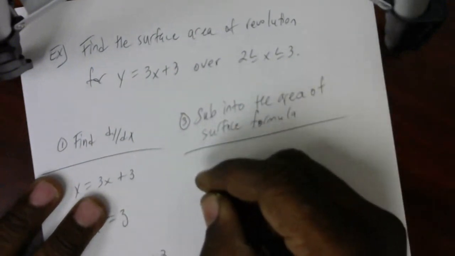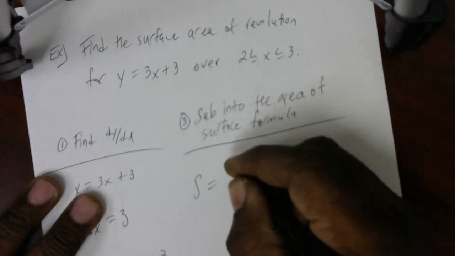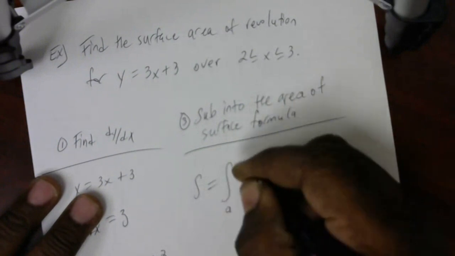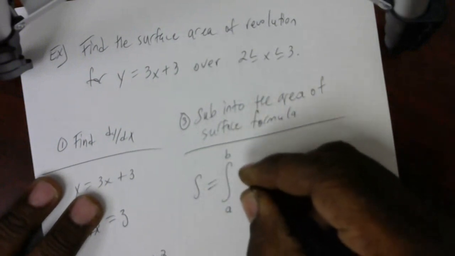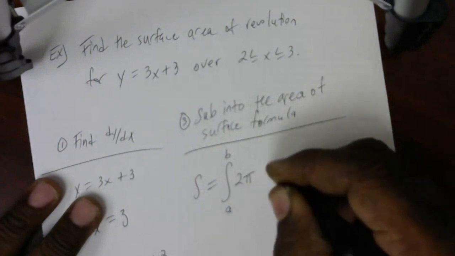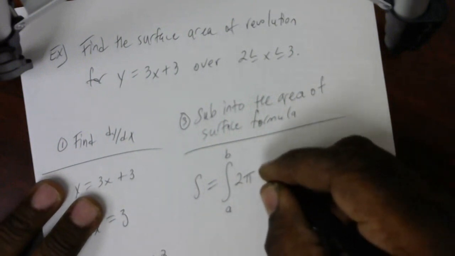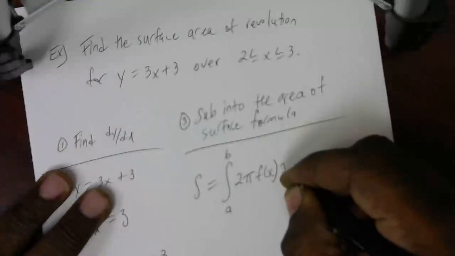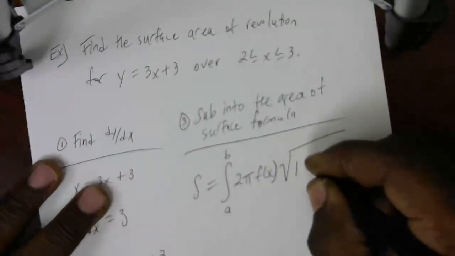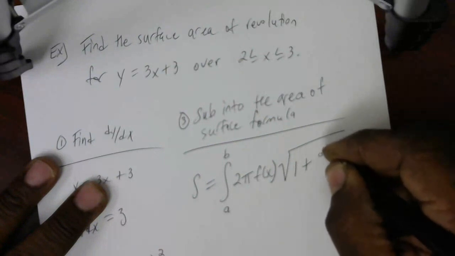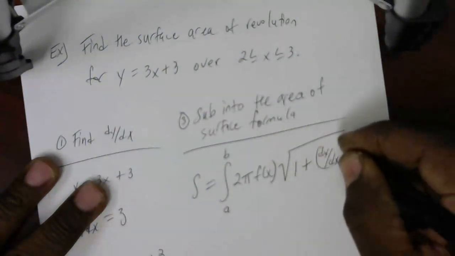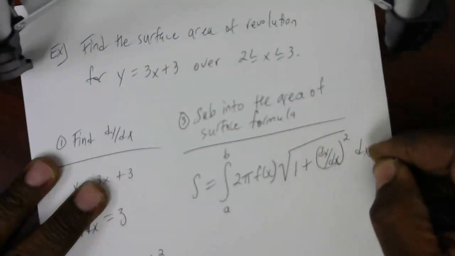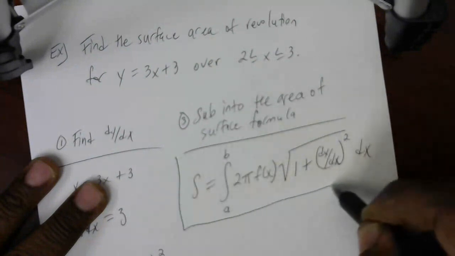Okay, so I'll kind of rewrite the formula here. So S is equal to the integral from A to B for 2 times pi times f of x times the square root of 1 plus the derivative squared dx.